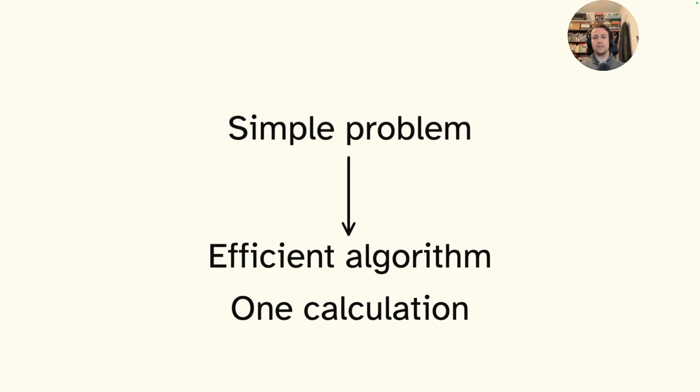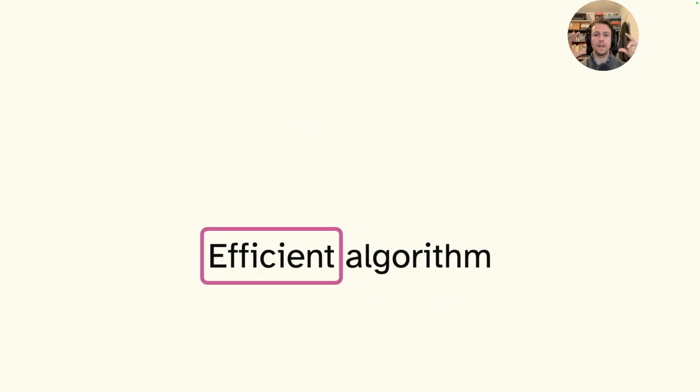But when we're talking about P, the P from P versus NP, we're talking about problems in general, and the P stands for problems that have efficient algorithms to solve them. At this point, I want to make a disclaimer. Throughout this presentation, I'm going to be a bit lenient with some terms.